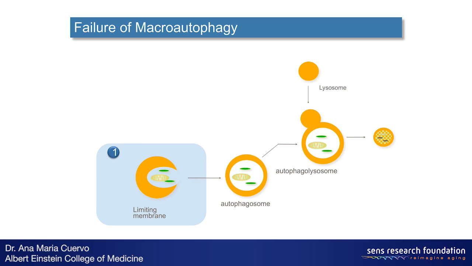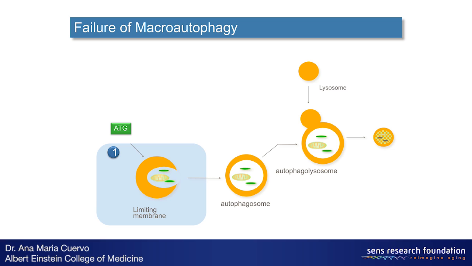For example, there are conditions in which there is a defect in the initiation or formation of the autophagosomes, conditions in which you have a decrease in the levels of ATGs, and this has been shown to occur in some tissues as they age. But not only the effectors: also an increase in the inhibitors of these pathways, such as insulin signaling or mTOR signaling, will have a negative impact on the formation of the autophagosomes. In these conditions, any intervention aimed to prevent the blockage of this pathway or to enhance the formation of autophagosomes should be beneficial.